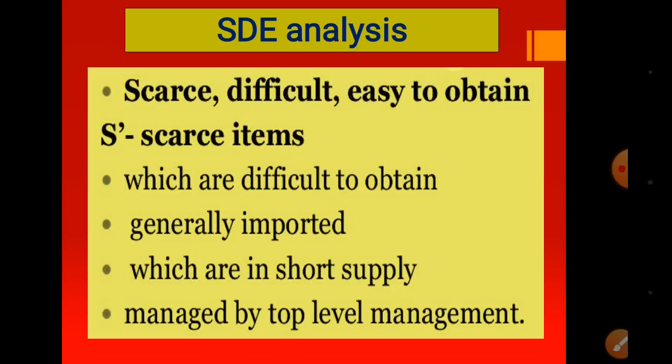SDE analysis: S means scarce, D means difficult, and E means easy to obtain. S, the scarce items, are difficult to obtain, generally imported, which are in short supply, and they are managed by top level management.